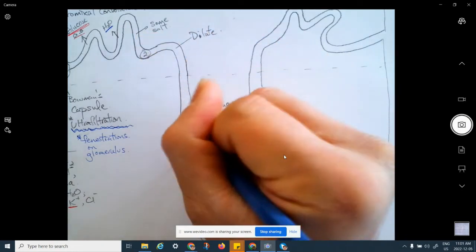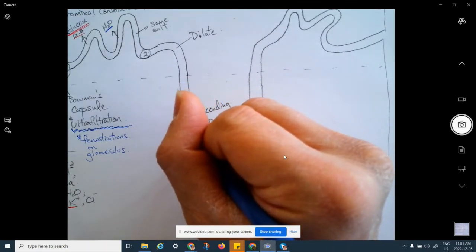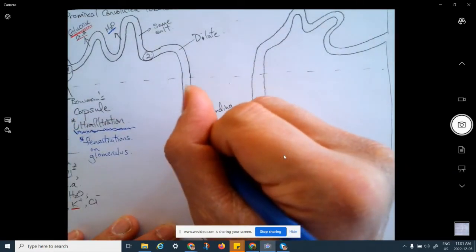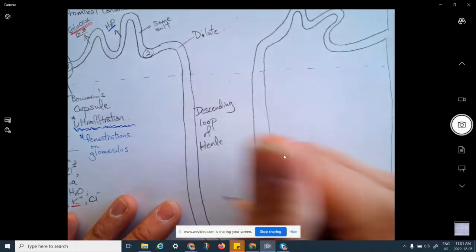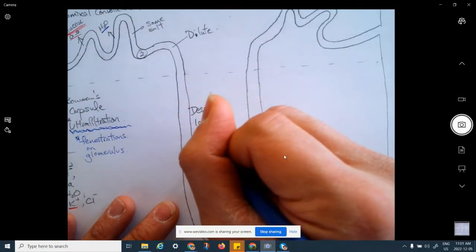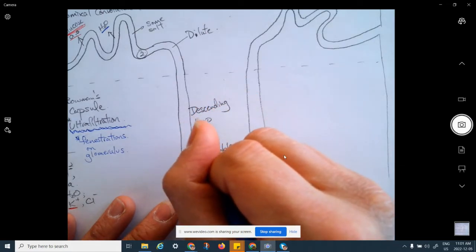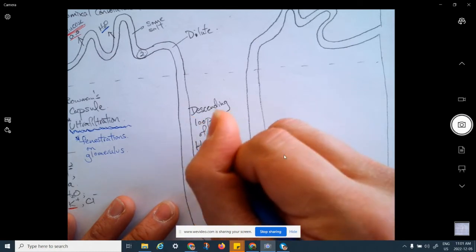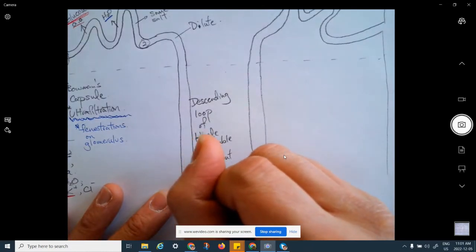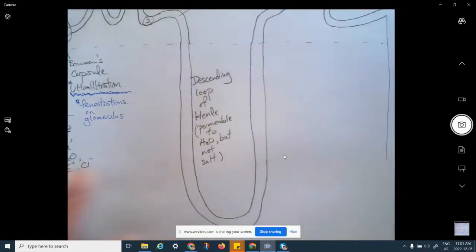Loop of Henle. So it's permeable to water, but not salt.